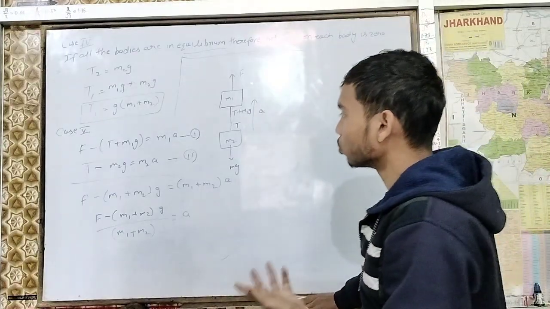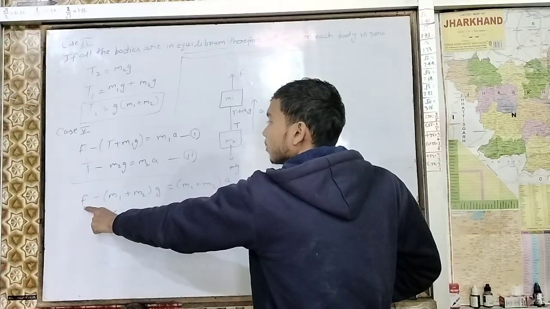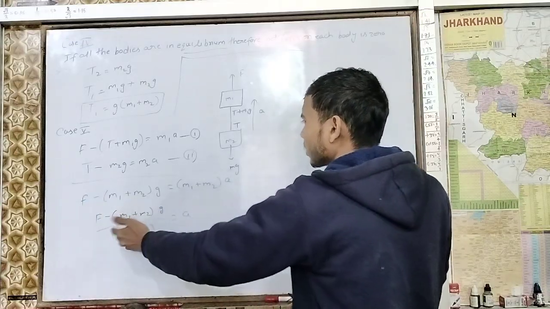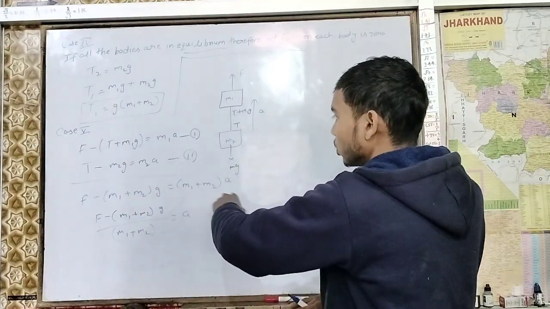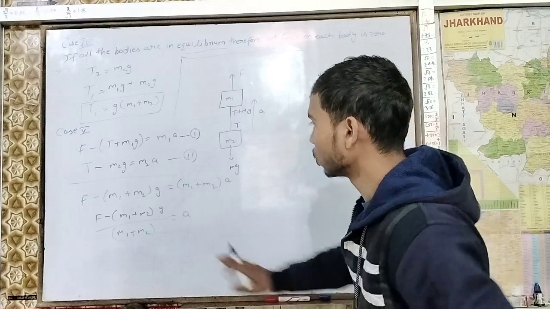There are two bodies, so that's why m1 plus m2. Final force minus inertial force, or you can say upward force minus downward force, is equal to ma. That's it, it is happening.